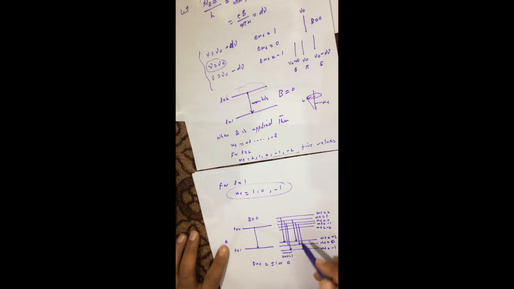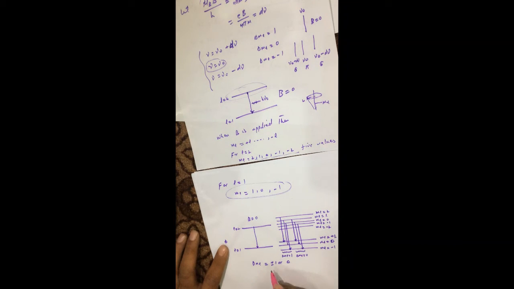For all these transitions, delta ml is 0, because here the ml value is 1, here the ml value is also 1, so 1 minus 1 is 0. Here the ml value is 0, here the ml value is also 0, so delta ml is 0. And here the ml value is minus 1, and here it's also minus 1, so delta ml is also 0.